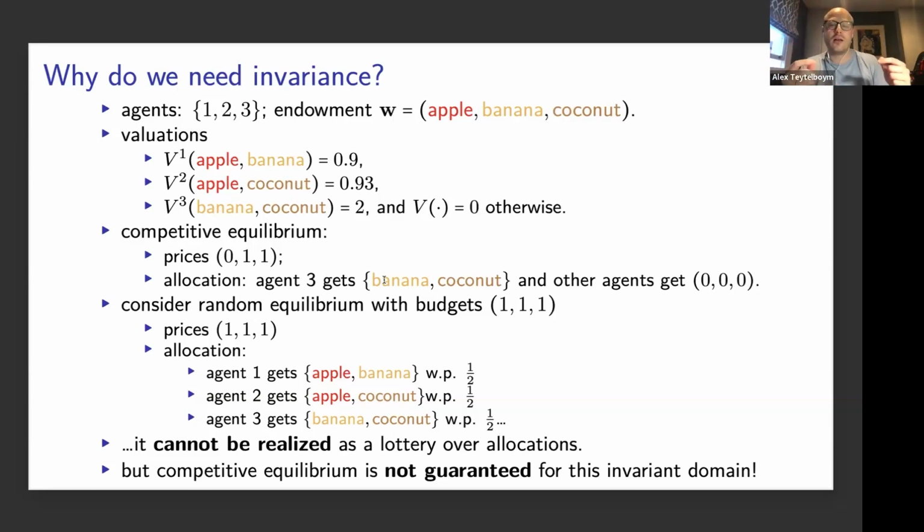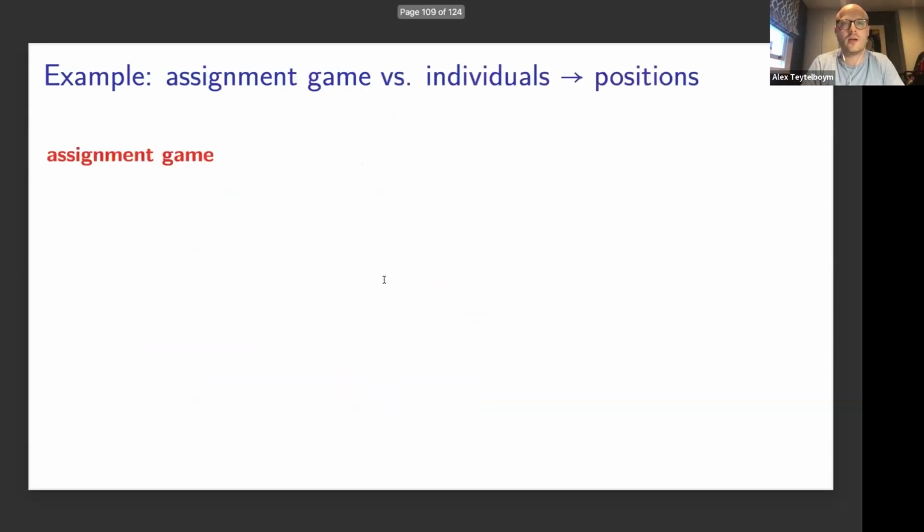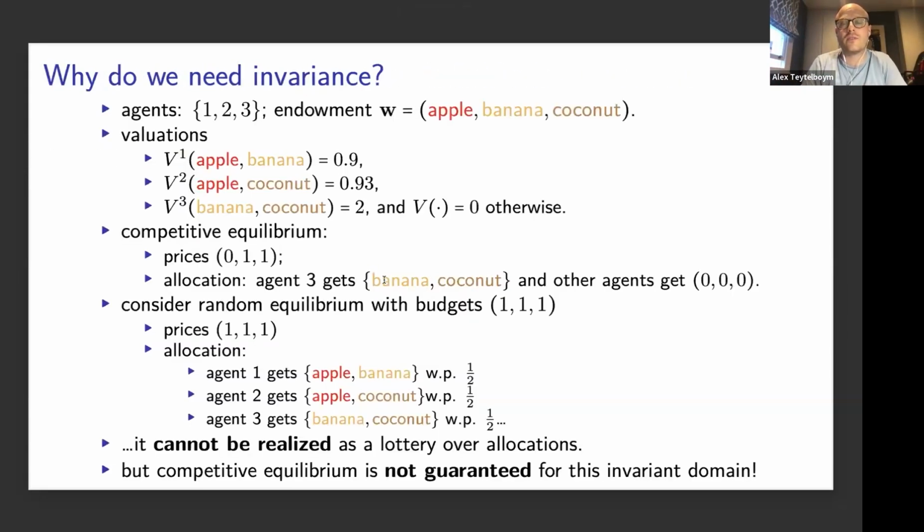So in general, there isn't an obvious connection between these two, but as long as you restrict your domain to be sufficiently rich or to be invariant, then you can hopefully see this connection. So Alon asked, is there any algorithmic way to find feasible lotteries? It's a great question. What we're doing here is connecting transferable utility problems, which are typically linear integer programming problems, to problems of random equilibria, which are fixed point problems.